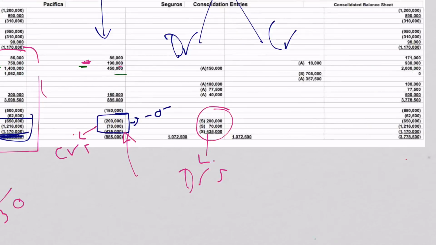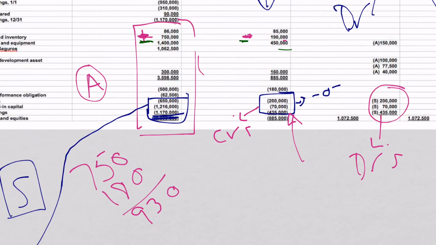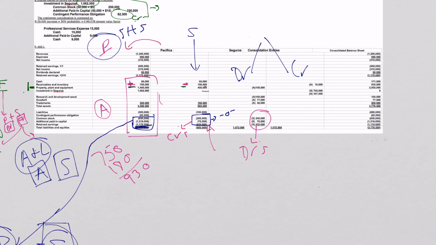When we take the parent's equity accounts here, in a different color, to show it as a consolidated statement, those are the only accounts that show up over here. We do not add in the subsidiary. And that's your S entry.